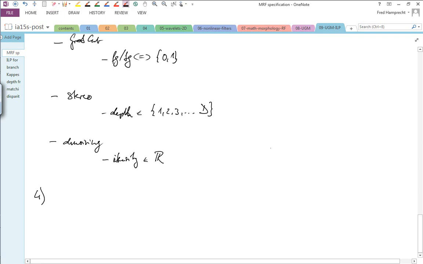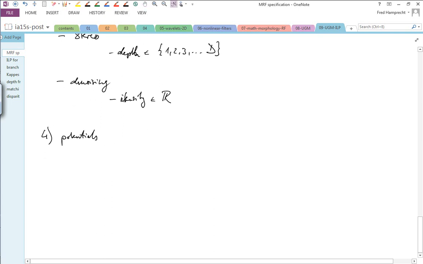Okay, so lastly, we need the potentials or the factors. When I'm saying factor, I'm more talking about the representation where I multiply probabilities. If I'm writing potentials, this perhaps alludes to the fact that I'm arguing in the energy representation, so after taking the negative logarithm.